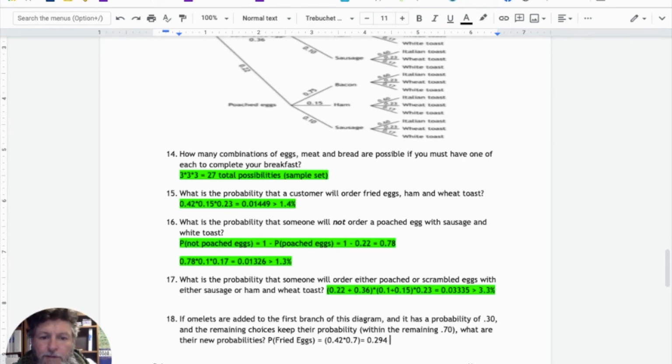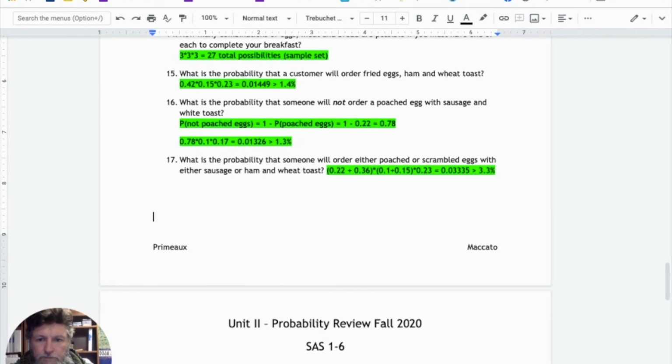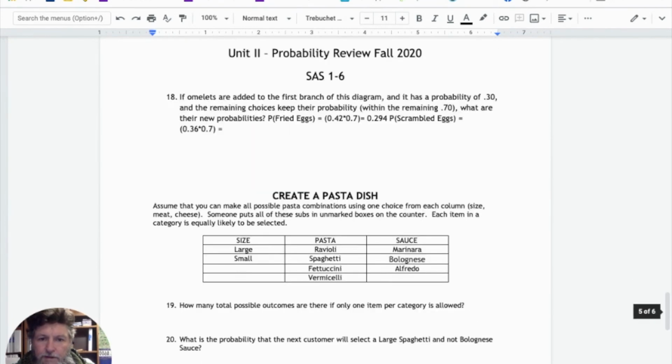Probability of scrambled eggs is 0.36 times 0.7, which equals 0.252. I'm going to move these down so you can see it better.